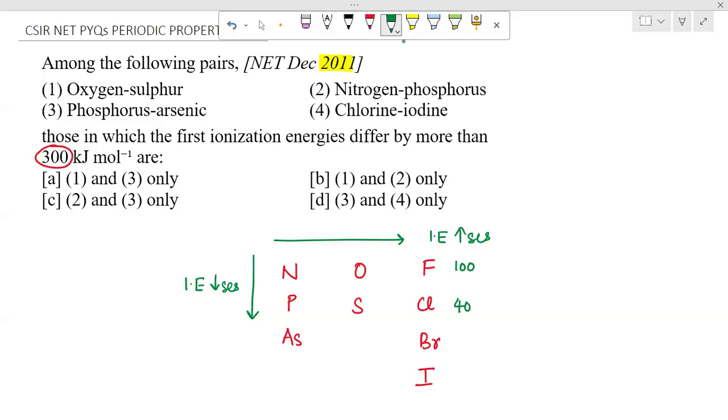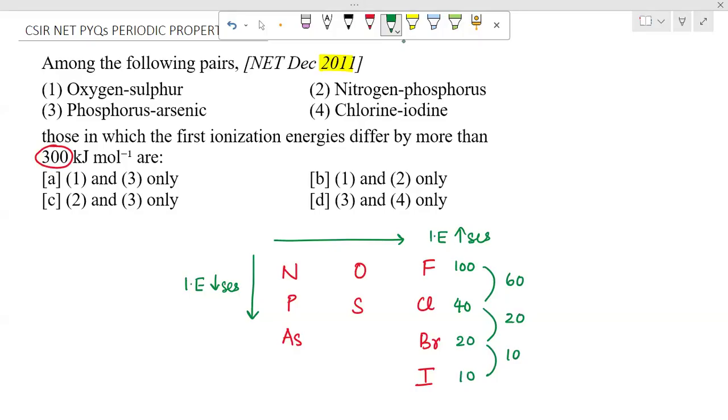Can you see the difference? The difference over here is 60 units. The next drop of ionization energy, from chlorine to bromine, will be even smaller, probably 20. So can you see the difference? Only 20 units. And from bromine to iodine, just 10.